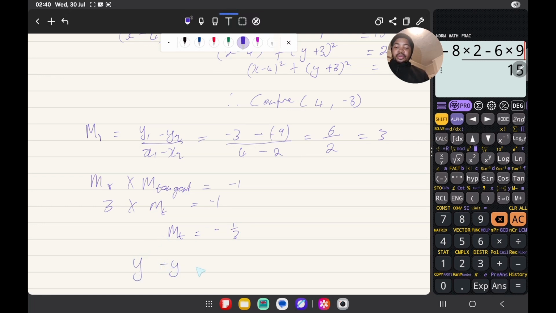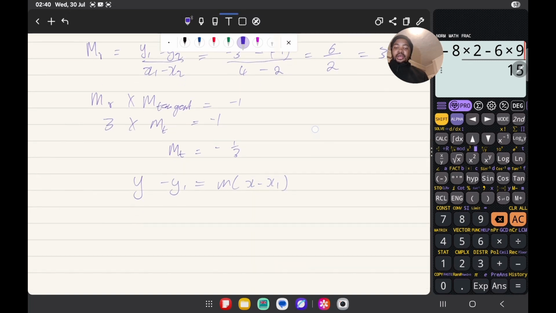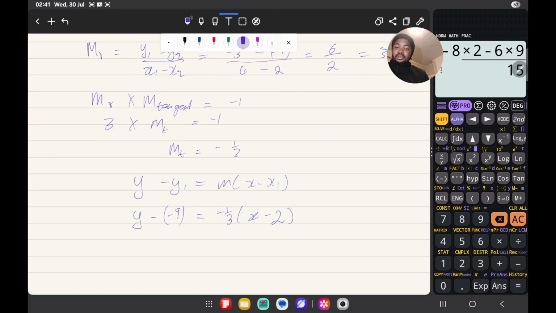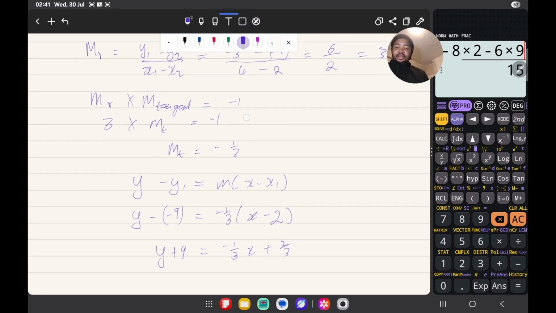You say y minus y1 equals m into x minus x1, and substitution. You have y minus the point, remember, minus 9, and then gradient minus 1/3 into x minus 2. Is it 2? Yes, it is. And you have y plus 9 equals minus 1/3 x plus 2/3.